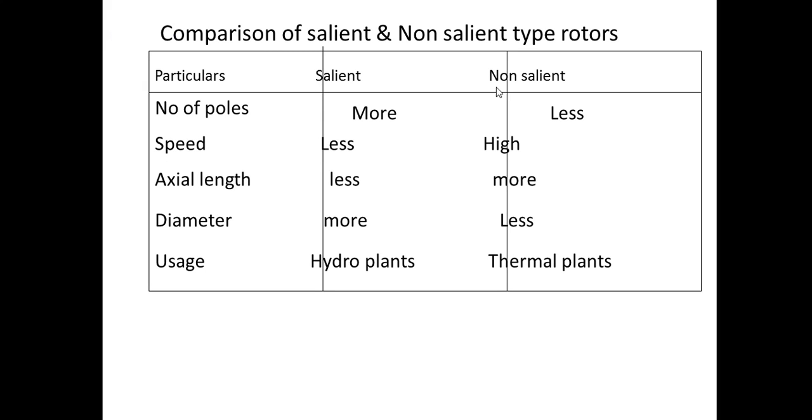So these are the small differences between salient pole and non-salient pole type rotors. The salient pole has more poles, and the non-salient, that is the cylindrical type, has fewer poles. So the speed is less for the salient pole, and the non-salient has the highest speed. Axial length is less, that's why it is used for lower speed. Non-salient has high speed, that's why the axial length is more. The diameter is more in the salient pole and less in the cylindrical, used for hydropower plants and thermal power plants respectively.